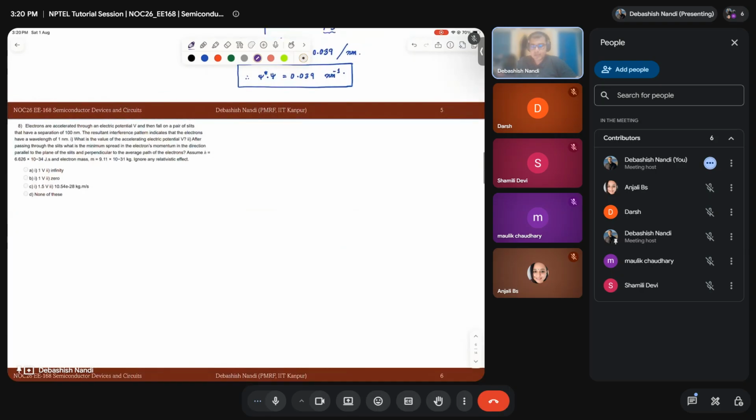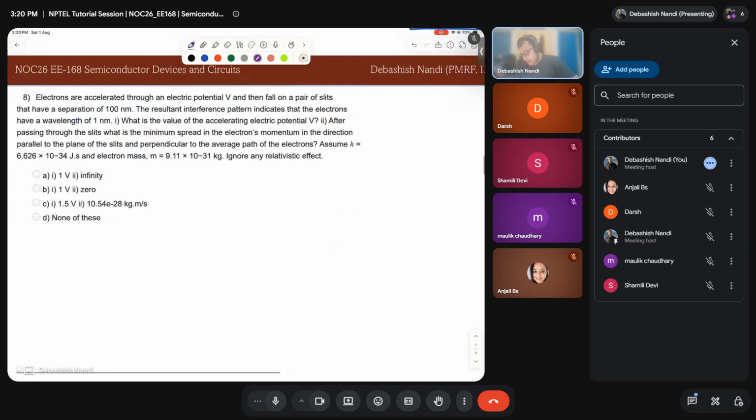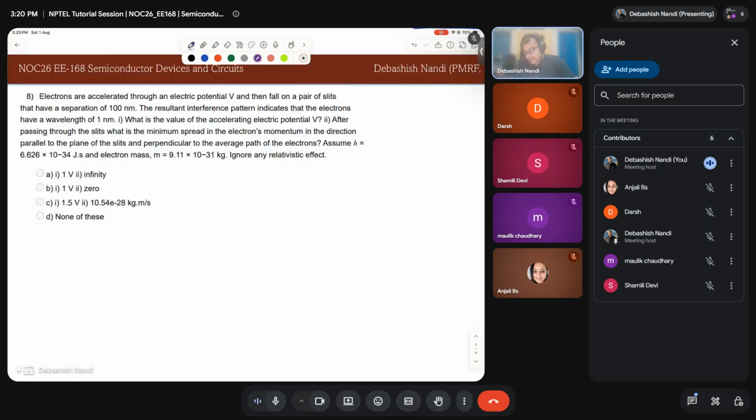So let's read the question carefully. Electrons are accelerated through an electric potential V and then fall on a pair of slits that have a separation of this. Okay.